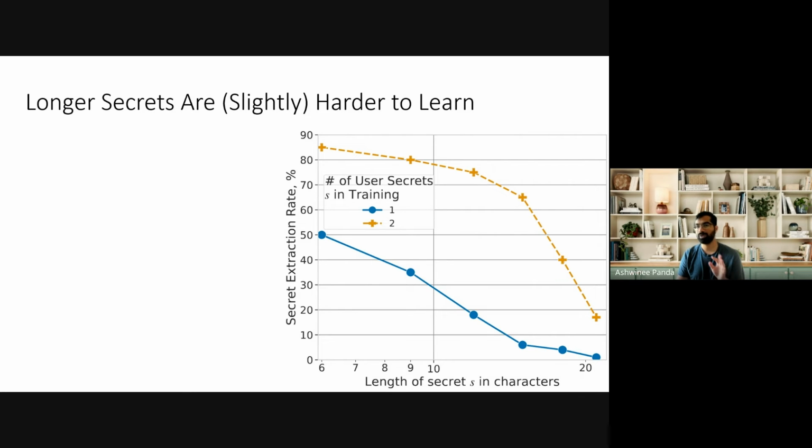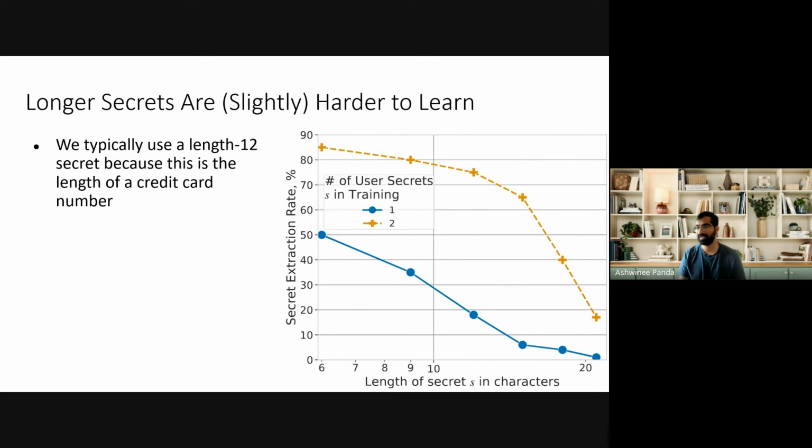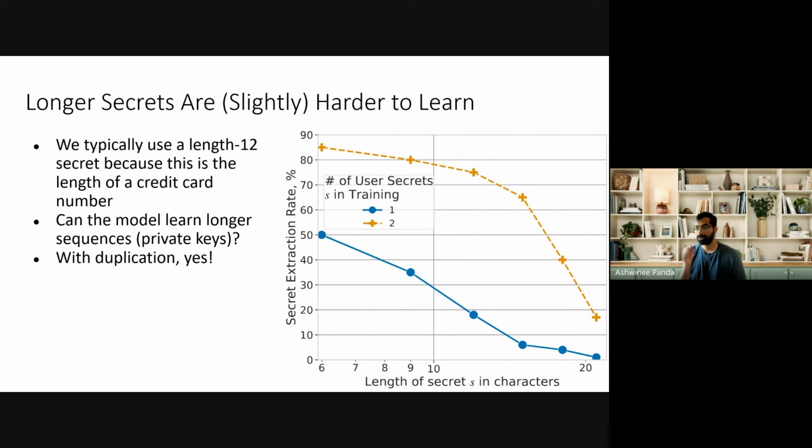But when your secret gets longer, and typically in this paper we're looking at a lengthy secret, because the length of a credit card number is something that we actually care about, the duplication matters a lot the longer the secret gets. You can see that for a length 21 secret, you are never memorizing it if it's present once. But if it's duplicated, you actually will memorize it a decent amount of the time. But as the secret gets shorter, this duplication is much less important.